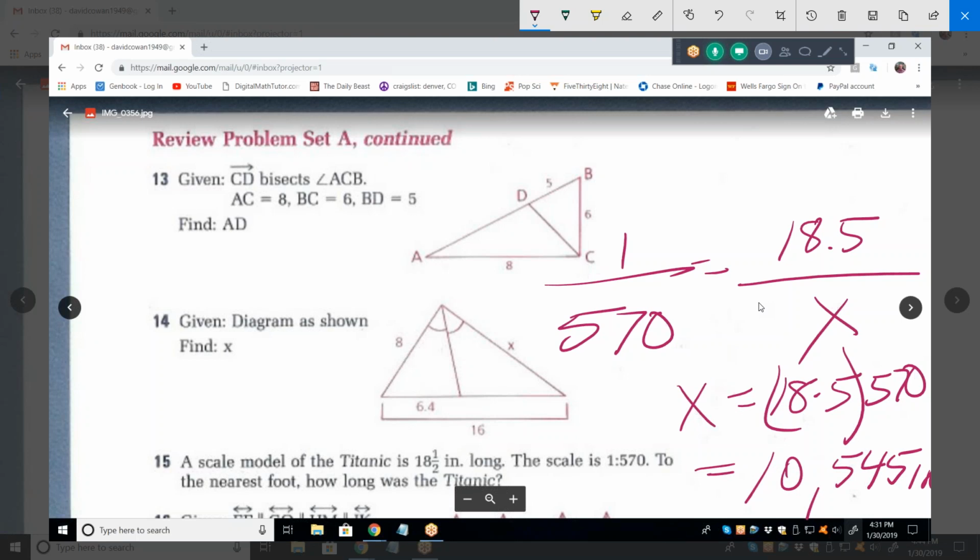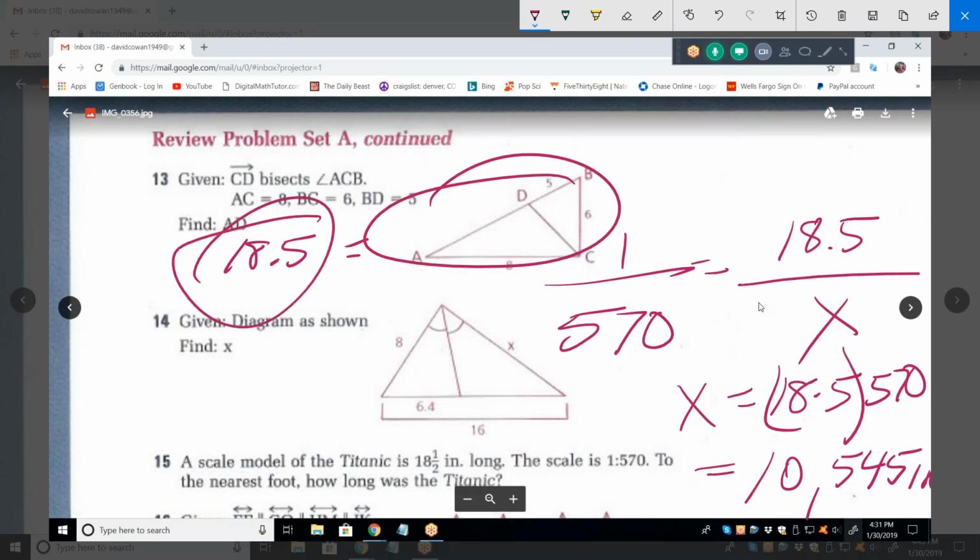Let's see if I do it big to little, it matters. Oh, I know what's happening here. Yeah. See, I would rarely do 1 is to 570. I would do 18.5 is the Titanic, and I know the scale factor is 570. So the real Titanic has to be 570 times bigger than that. Same equation.